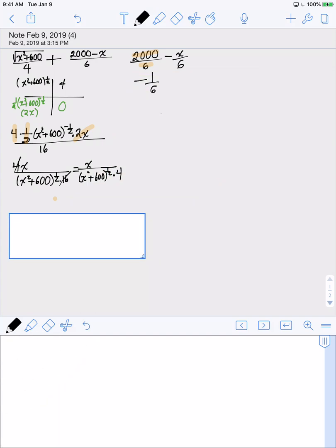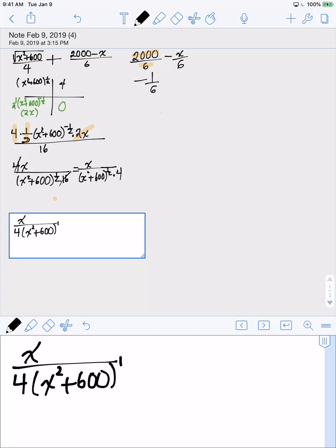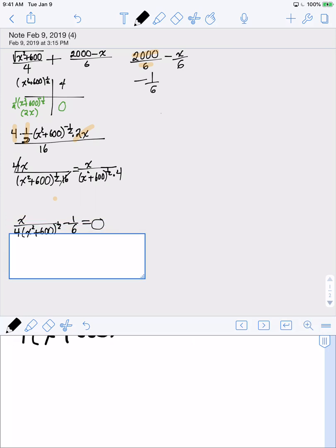So if we put everything together, x over 4 times x squared plus 600 to the 1/2 power, minus 1/6 equals 0. And I'm going to add 1/6 to both sides.